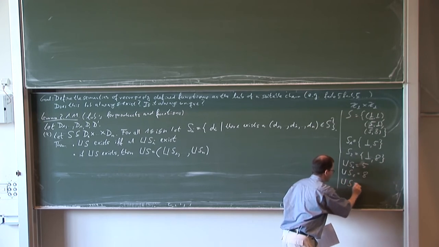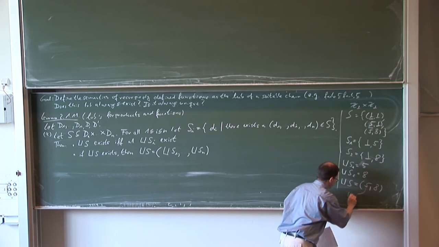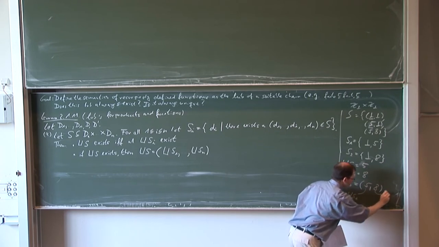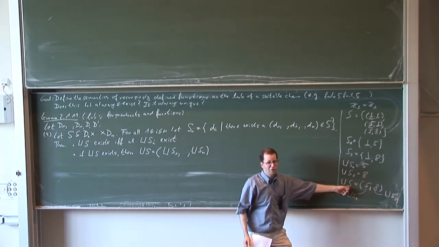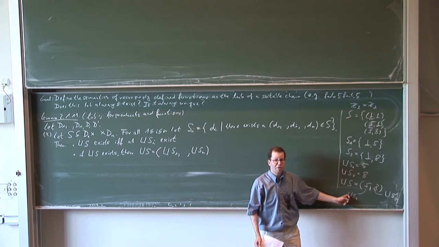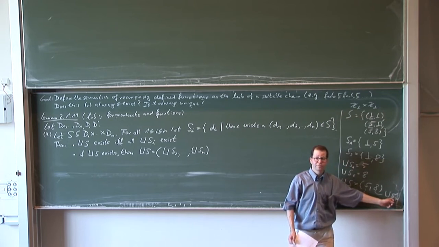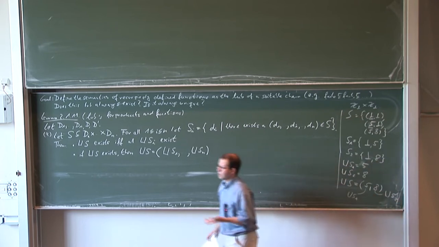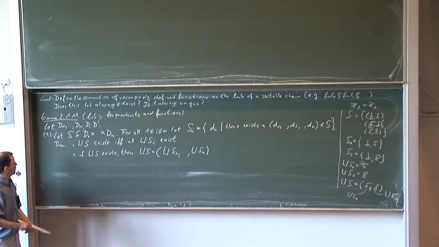And the least upper bound of S, indeed, is 5, 8. So indeed, we get the least upper bound of a set of tuples by computing the least upper bound of the set we would get from the first components, and the least upper bound of the second components. So computing least upper bounds can be done component-wise. That's what this lemma says.